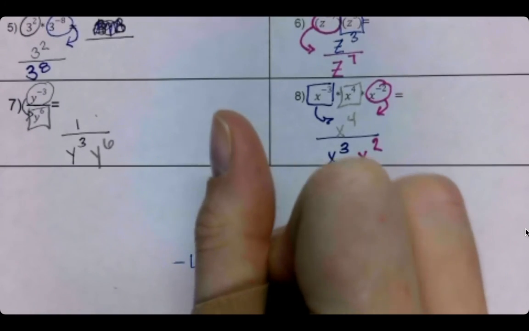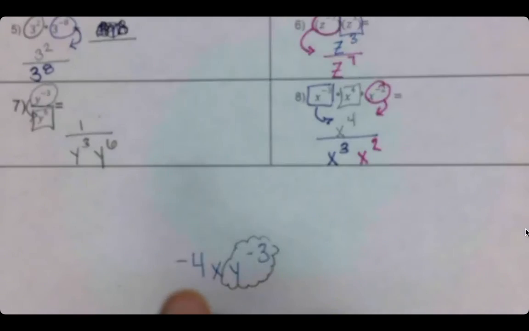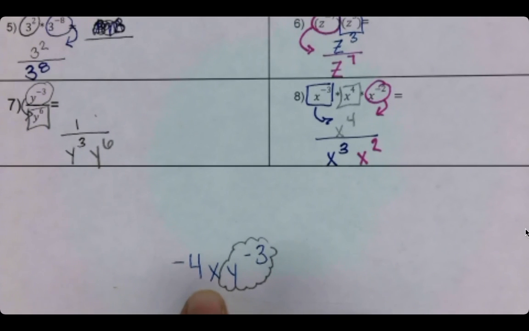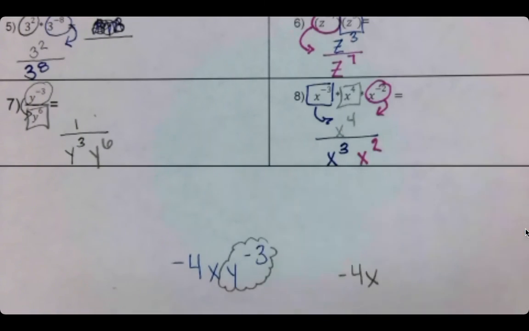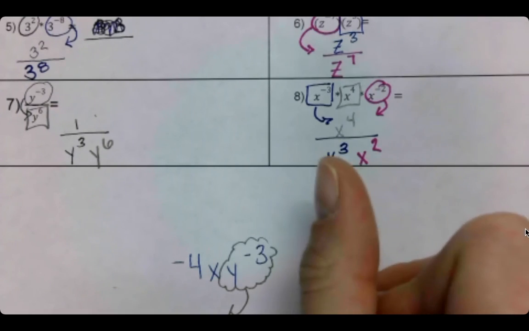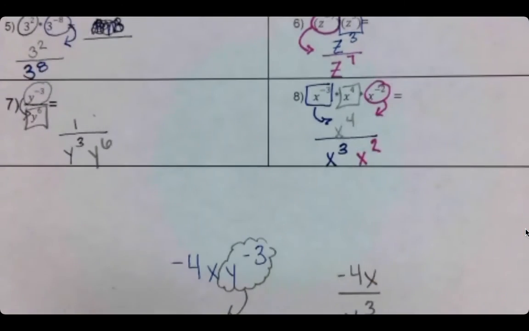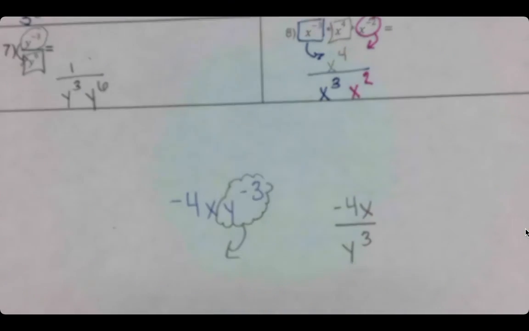This y is the only thing that negative exponent is on. These two, since you don't see a negative exponent, means it doesn't have one, right? You would see it if it was there. So the negative 4x stays on top, and the y to the negative 3rd is the only thing that moves, and it would just move to the bottom and become a positive.